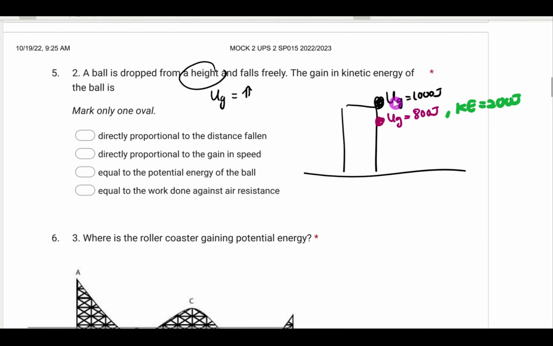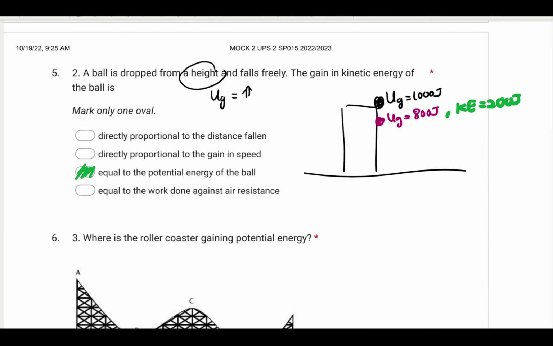Okay, so you can see here that, sebab dia kata ayat di sini, the gain in kinetic energy, okay, pertambahan kinetic energy itu, is equal to the potential energy of the ball. Kan, maknanya jawapan dia yang betul adalah C lah.